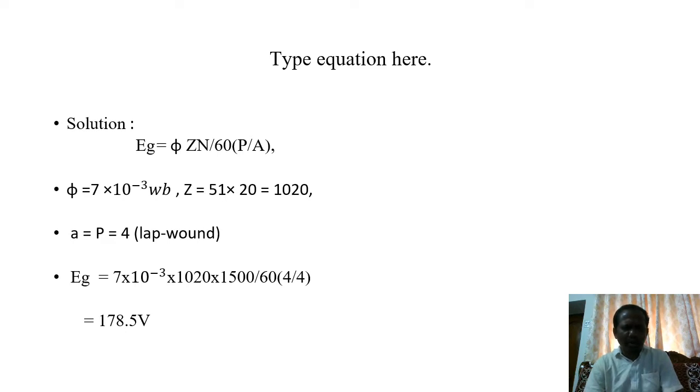Now all these values are substituted in the above equation. The generated voltage in the armature is Eg equal to 7 into 10 to the power minus 3, Z is 1020 conductors, N is speed, given 1500 rpm, by 60, into P by A, that is 4 by 4.